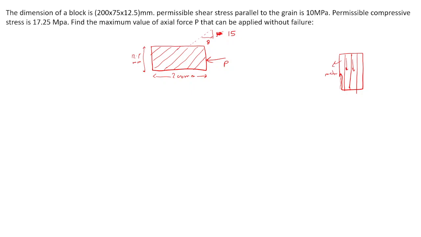First of all, what is the cross section area? Has anyone calculated? Just see wisely, okay? So it will be 75 into 12.5, right? Or has anyone calculated like 200 into 12.5?